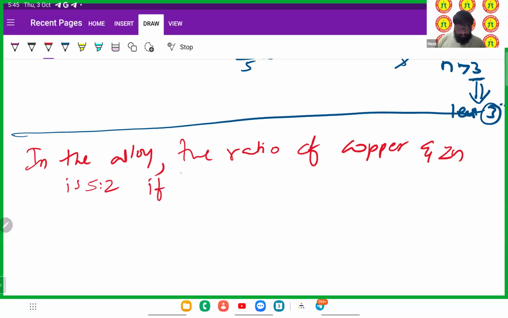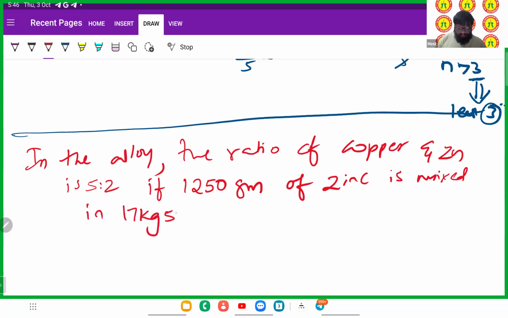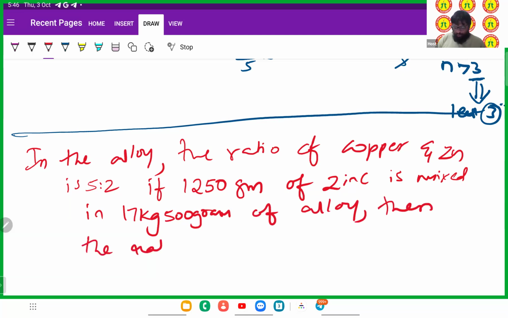If 1250 grams of zinc is mixed in 17 kilograms 500 grams of alloy, then, this is a last year IMO question, the ratio of copper and zinc will be?